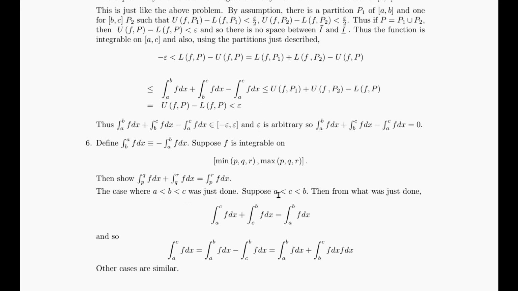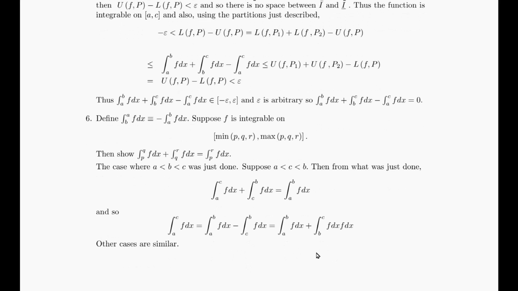Now I'll suppose that I switch c and b, and that c is smaller than b and bigger than a. Then what was just done is I can say that this is equal to that. And so now I will take this over to the other side and subtract it like this. And now, from the definition, you see c is smaller than b, and if I switch b and c, I would change the sign, and I get this. So you see, algebraically it works exactly the same way.